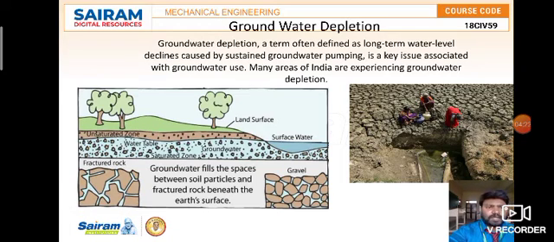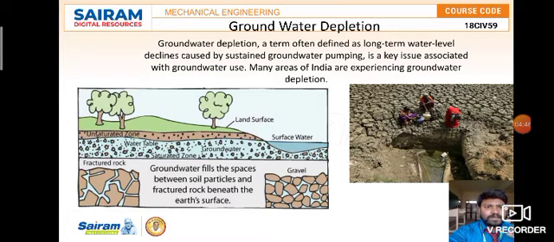It can be rock or gravel, and the gravel is filled with water. When excess pumping takes place, the water used for agriculture is taken away, the remaining water dries, and that leads to depletion.